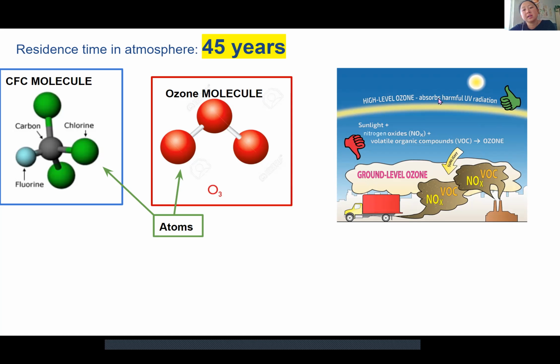So this is a high level ozone that absorbs harmful UV radiation, so we're not constantly sunburnt all the time, right? The ground level ozone down here, this is the stuff that is caused via pollutants. So via nitrous oxides and volatile organic chemicals reacting with sunlight, it creates the ground level or tropospheric ozone. But right now we're going to focus on the high level ozone here.